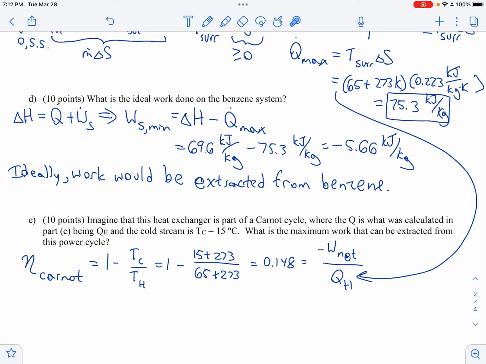But if we, let's see, okay, so that's QH, Q max is QH. So really the W net, and I'm going to put an absolute value, it's actually output work, and that's going to equal 0.148, which is the efficiency, times the Q max.